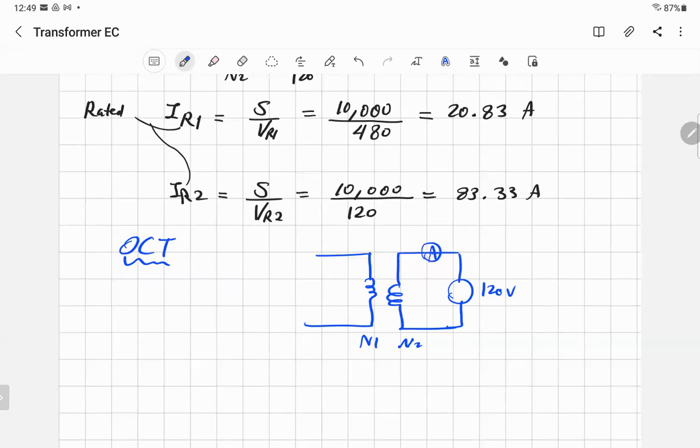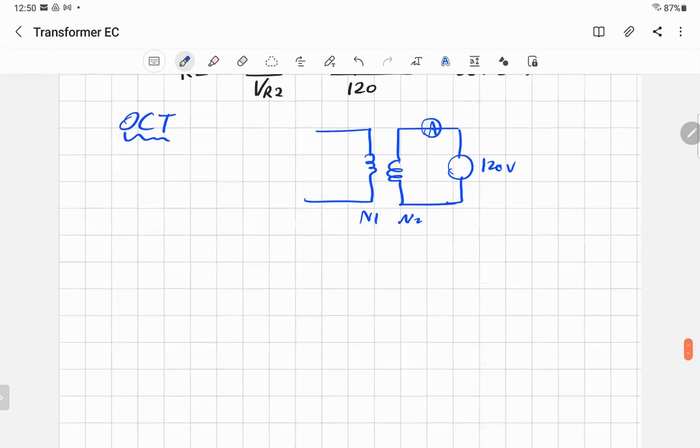Now, when you get the equivalent magnetizing branch, which is RC and XM, it will be at side 2. If you want to refer it to side 1, it's easy; we'll use the turns ratio. First, to make it simple, I will say the equivalent magnetizing branch has RC and XM.